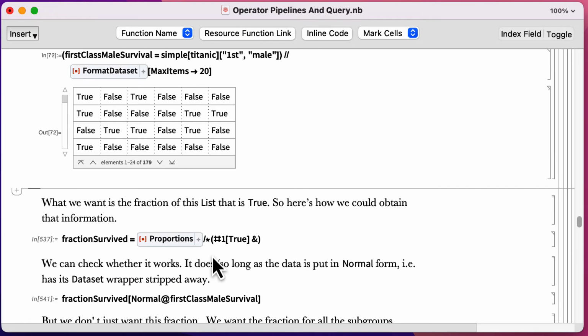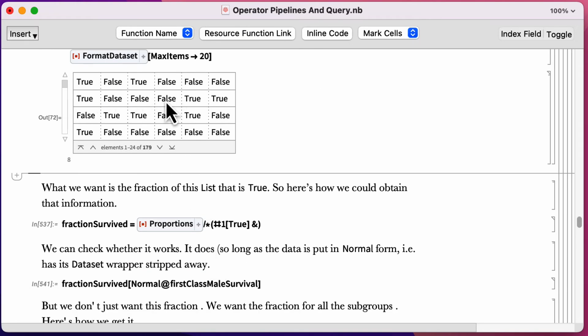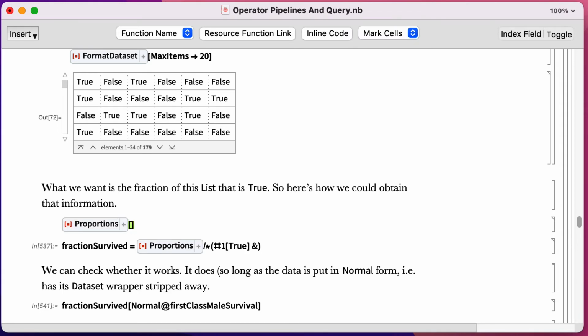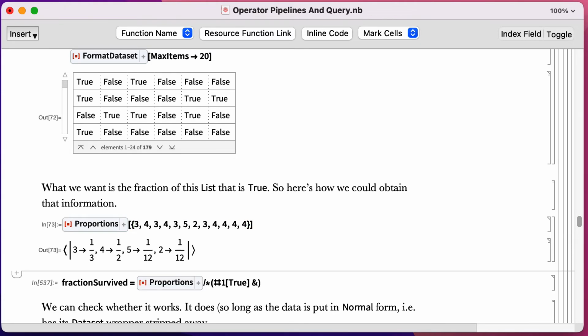All right, so what we want is the fraction of each of these lists that's true. We want to know the fraction that survived. So I'm going to write a little function that makes use of the proportions resource function, so that if I were to say proportions of 3, 4, 3, 4, 3, 5, 2, 3, 4, 4, 4, it's going to tell me that 1/12 of those numbers are 5, and 1/12 of those numbers are 2, and 1/2 are 4, and 1/3 are 3.